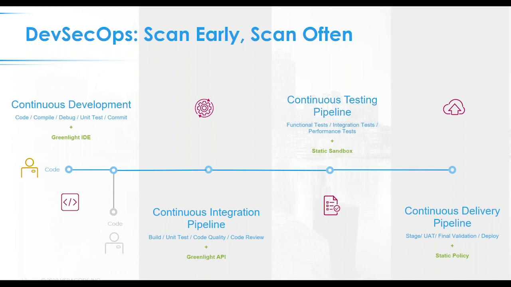This allows teams to get that feedback and fix issues before the code is integrated into the larger project. Similar to when a build fails during the CI phases, developers will fix flaws immediately in the pipeline. Teams can use the Greenlight CI tool at this point to fail a stage based on severity of flaws that are returned.